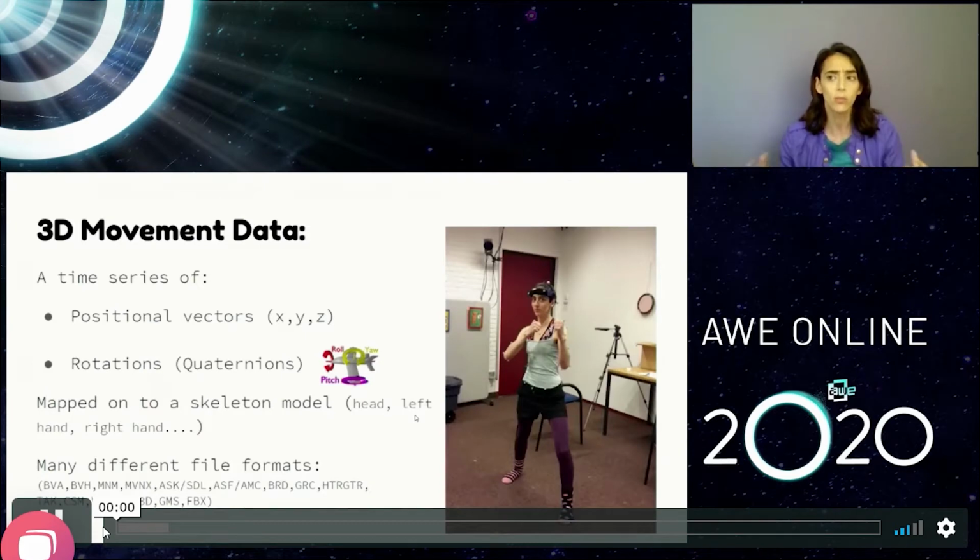So 3D movement data is a time series of positional vectors, X, Y, and Z, and rotations, sometimes we like to call them quaternions, that you basically map onto a skeleton model. The skeleton model could be really simple, just a head and two hands, or it could be much more complex. For instance, on the right, you see me when I was in academia with all these little white balls on me.